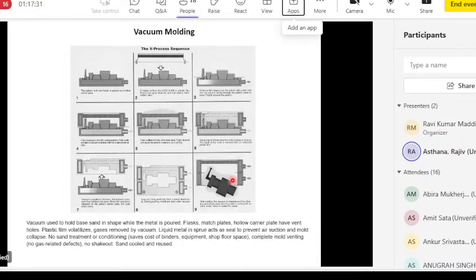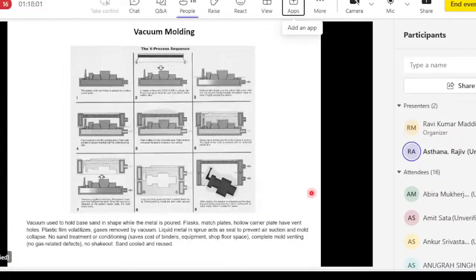Here, once you release the vacuum, the whole thing comes out, released for reuse as molding sand. So in that sense, it is a pretty neat process. But in terms of the yield, it's not a very high yield process. The yield is about the same as the green sand casting process.